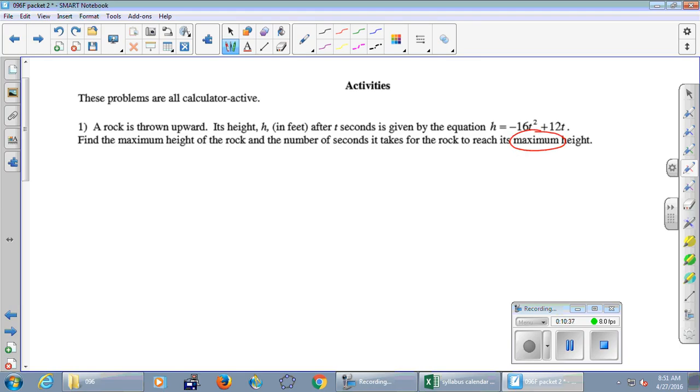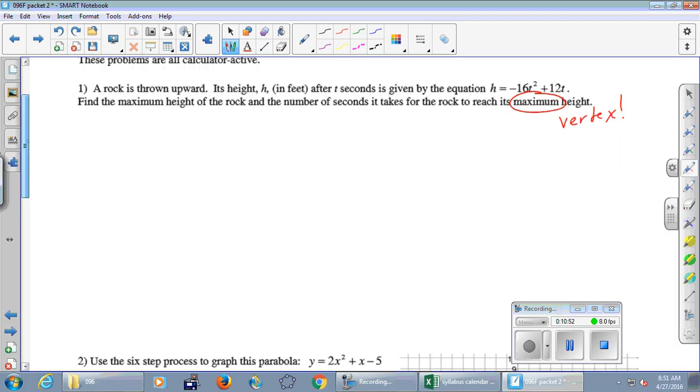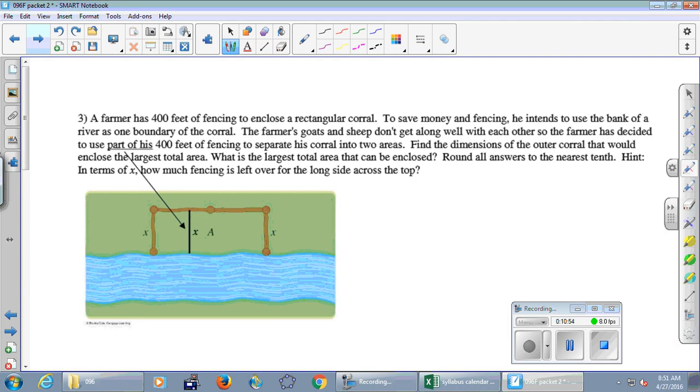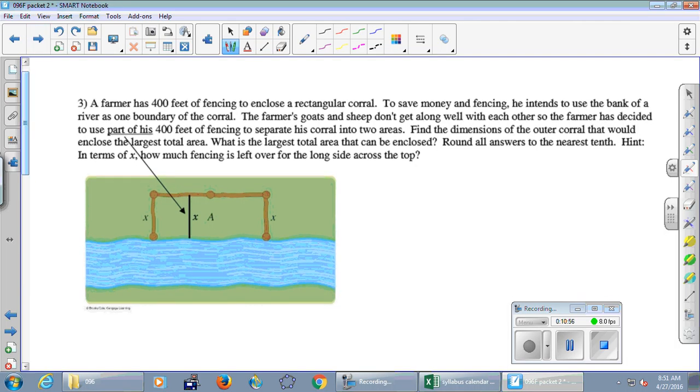Maximum. See it? Circle it right there. Write the word vertex right there. That's what it says. Find the vertex. Okay, I think there's a graph down below, so we're going to move to the next page. Take a look at number 3. Lots of words in this problem. See if you can find the one word that translates to find the vertex.